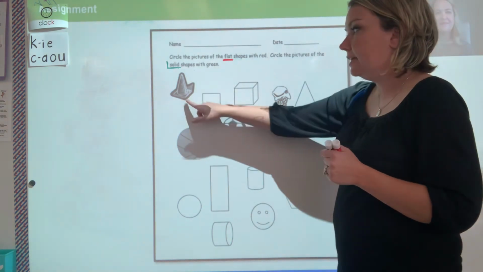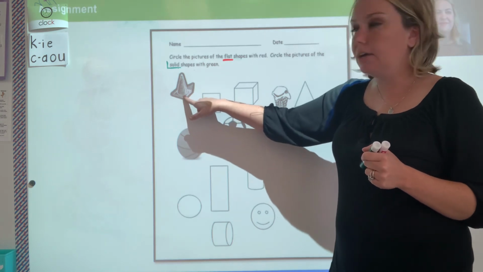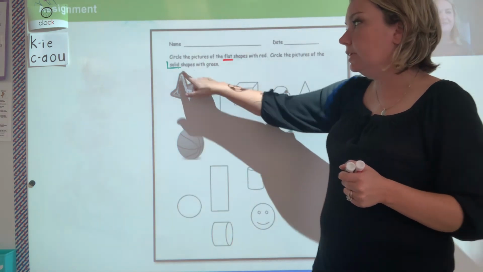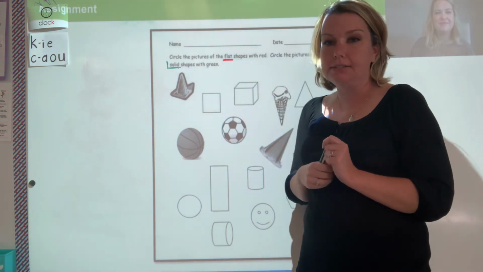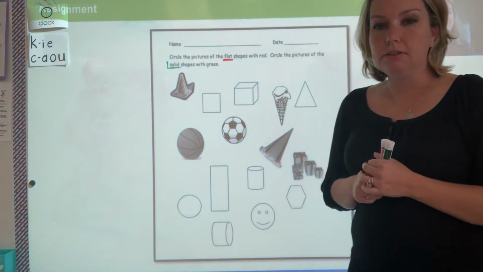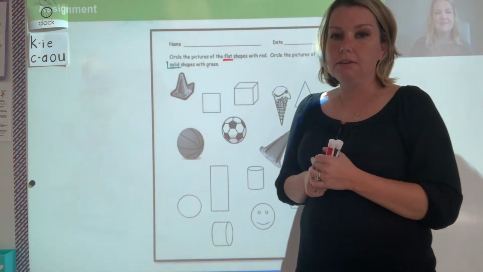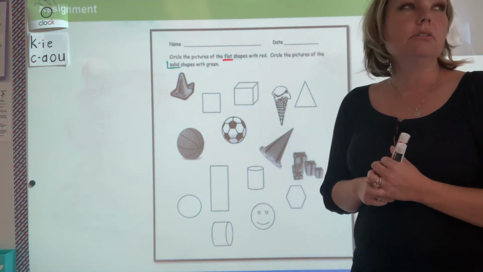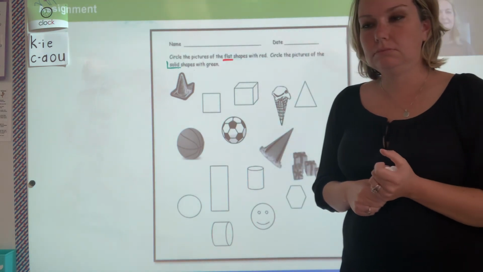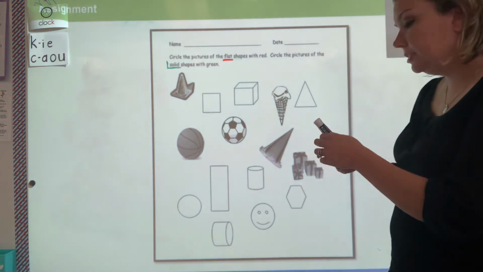Okay, so let's take a look at this cone right here. Am I going to color that red for flat or green for solid? Raise your hand. What color do I need to color it? Red for flat or green for solid? Russell? Green. Green for solid.